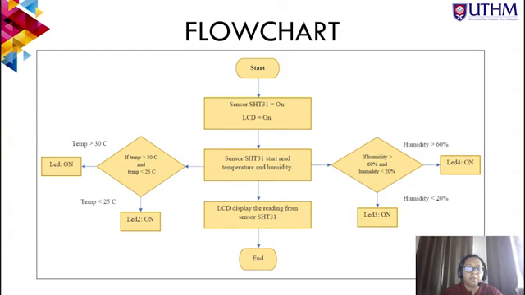If the temperature is below 25 Celsius and humidity is below 20%, LED 2 will turn on and LED 3 will turn on. Next, the LCD displays the reading from the sensor SHT31 and ends.